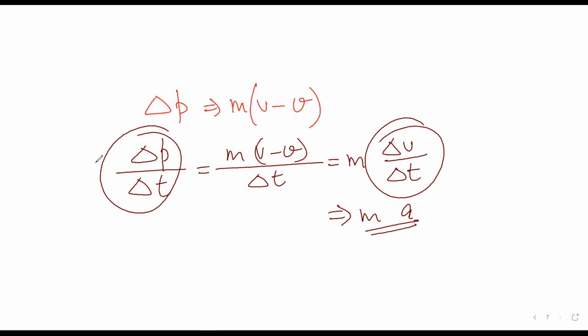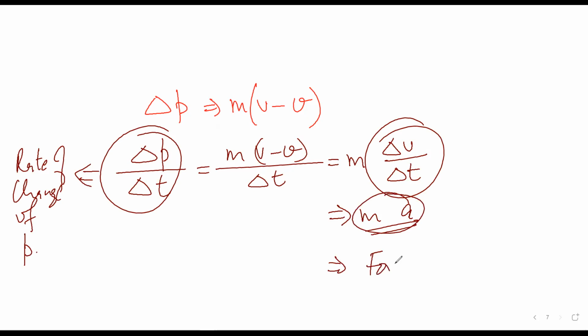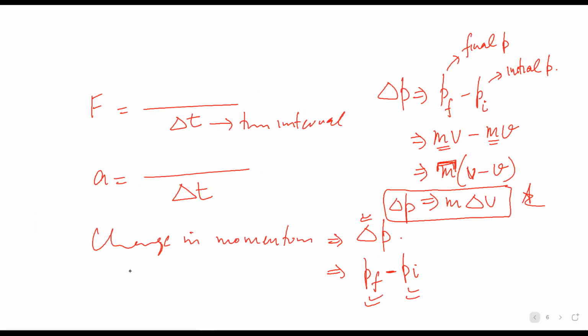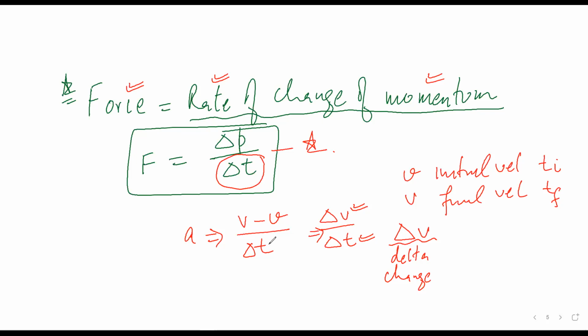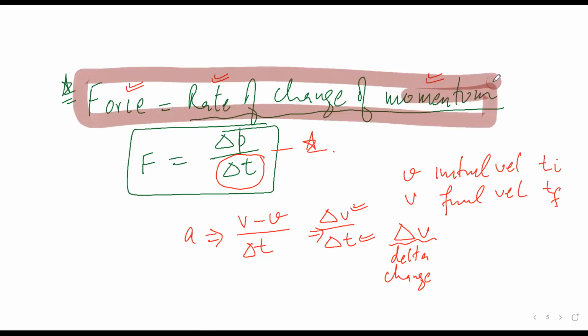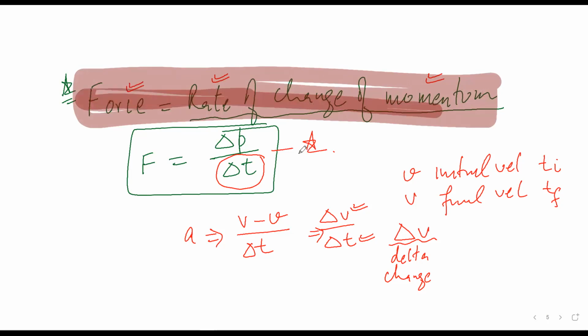So the left hand side is the rate of change of momentum, and this is equal to mass into acceleration, which is force. Therefore, the relation that we have derived is that force is rate of change of momentum. Mr. Chris, are we clear about this? This is what we wanted, to see where this relation comes from.